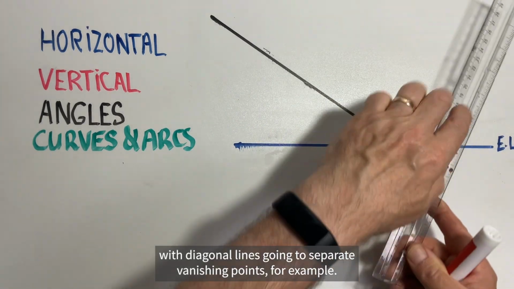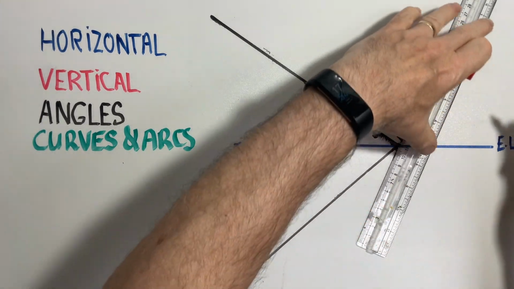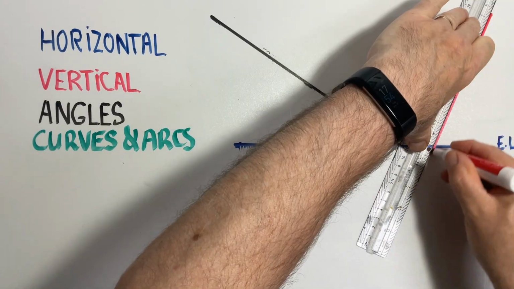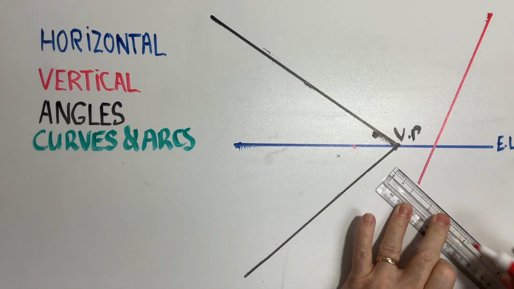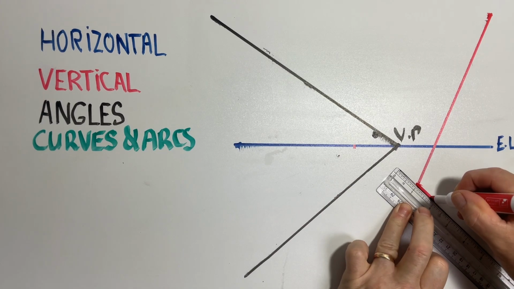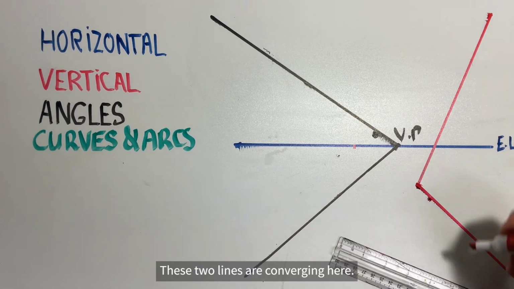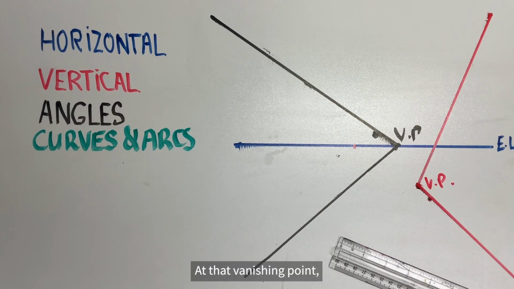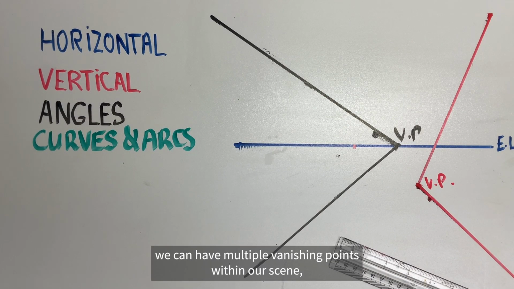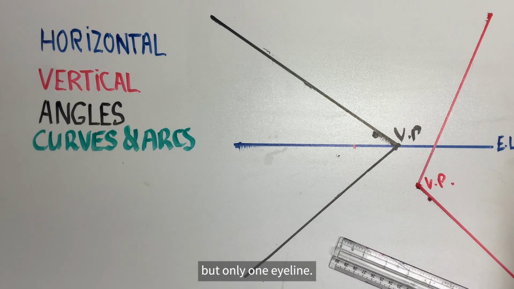For example, these two lines are converging here at that vanishing point. We can have multiple vanishing points within our scene, but only one eye line.